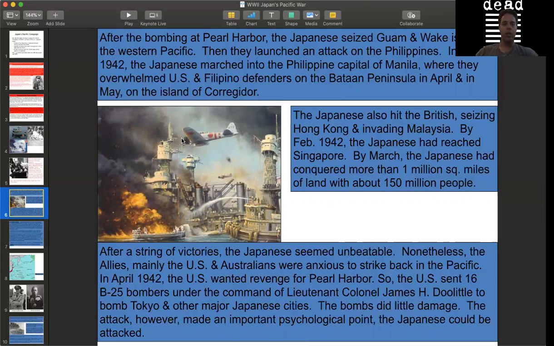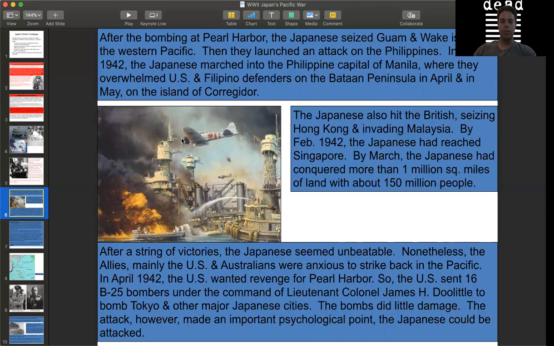And in January of 1942, the Japanese marched into the Philippine capital of Manila, where they overwhelmed combined U.S. and Filipino defenders on the Bataan Peninsula in April, and in May on the island of Corregidor.